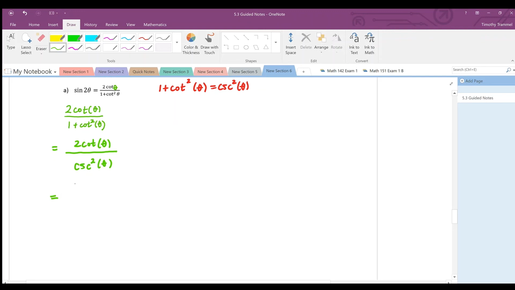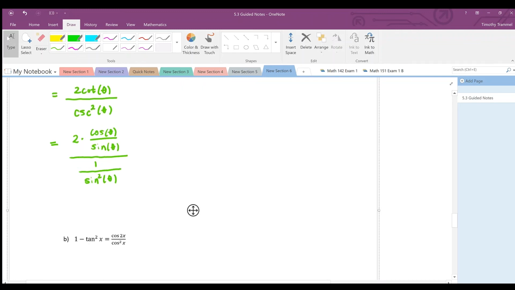Next, we could rewrite that cotangent of theta as cosine of theta all over sine of theta. And then this is all over cosecant squared of theta, which is 1 over sine squared of theta. And now we can flip and multiply.